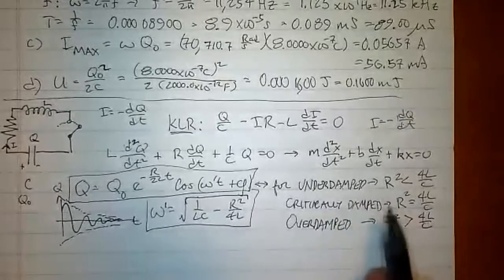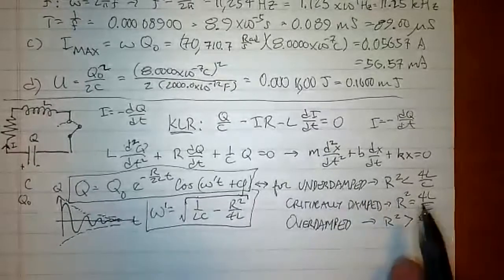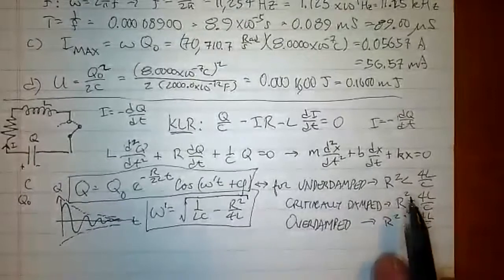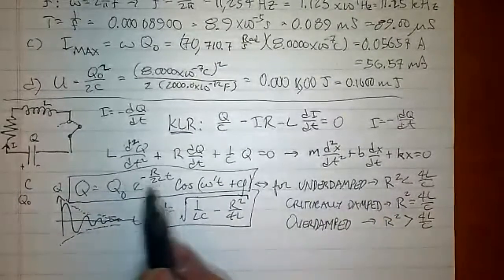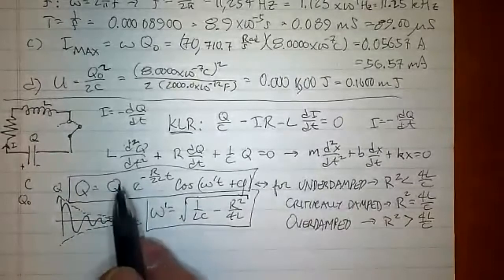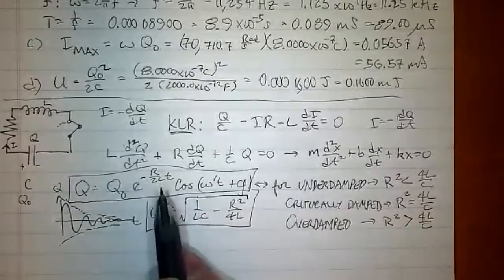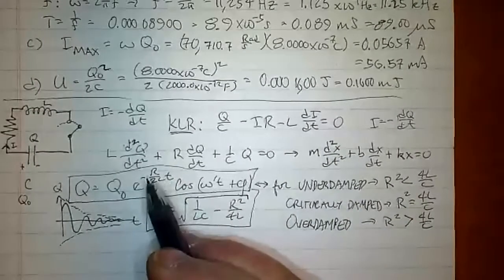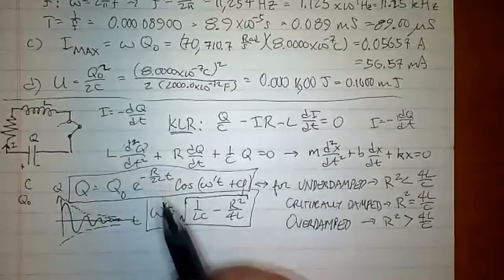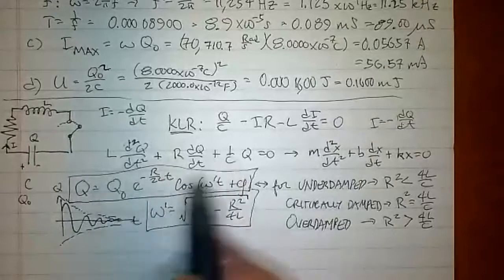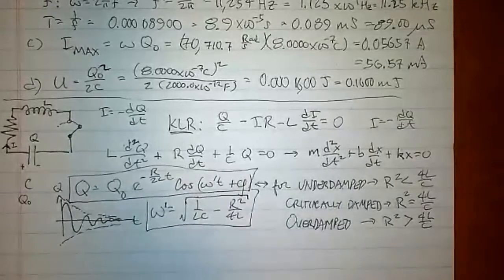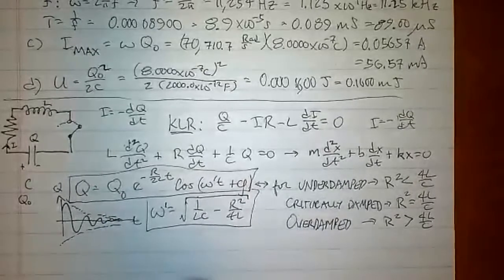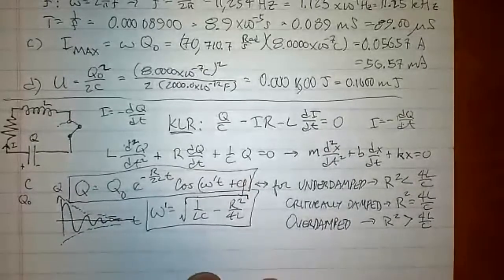If you get the critically damped term, and you'll learn this in differential equations, the critically damped term becomes a problem, because normally, remember I said we'd use Q equals some constant times e to the rho t, well, you normally get a rho having a positive answer and a rho having a negative answer. And those two, e to the rho t and e to the negative rho t, are what we call linearly independent. So that's a sufficient number of solutions for a second order differential equation.